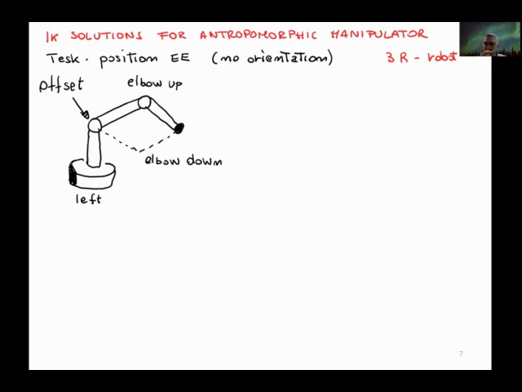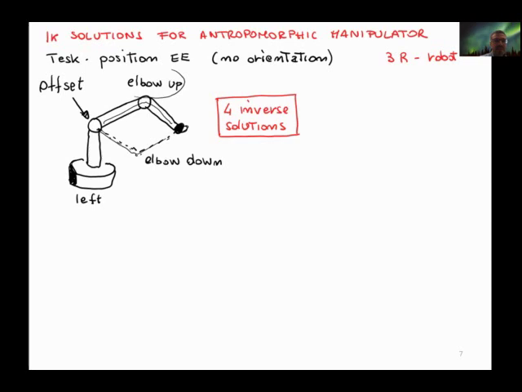And in this case, we have 4 solutions for the inverse kinematics. Why 4? Because we do have 2 solutions that are called the elbow up solution, that is this one, and the elbow down solution that will correspond to the same end effector position.